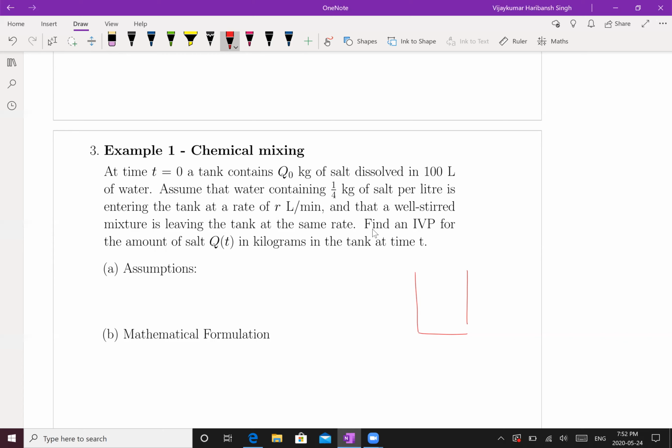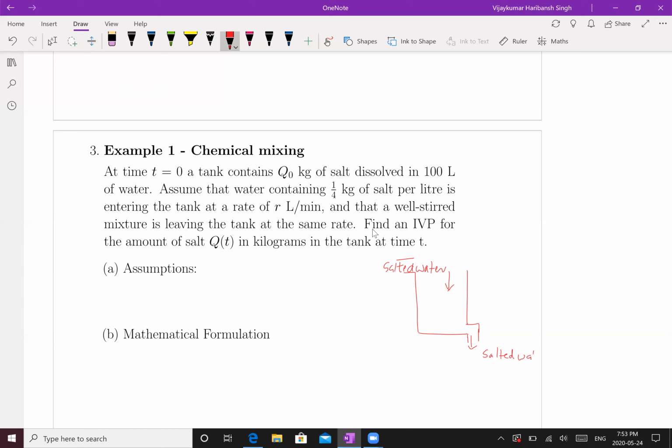All right. So let's draw it. So basically the idea is the salted water is entering in, and then the salted water is going out, of course of different concentrations, right?